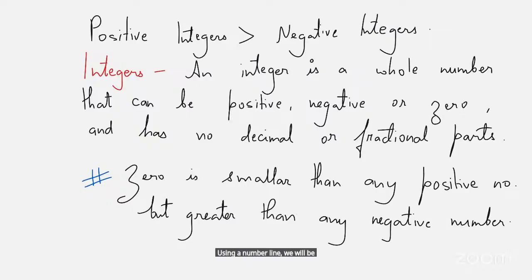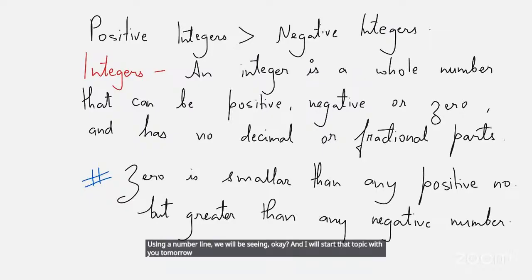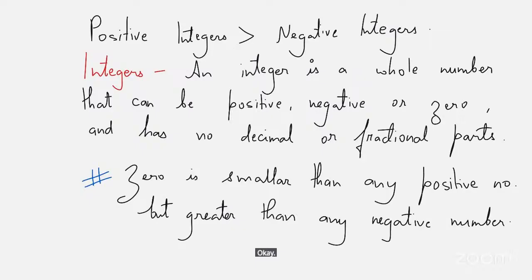I will start that topic with you tomorrow. I am ending the class a little bit early today. So we will meet tomorrow and discuss the addition and subtraction of integers using a number line.